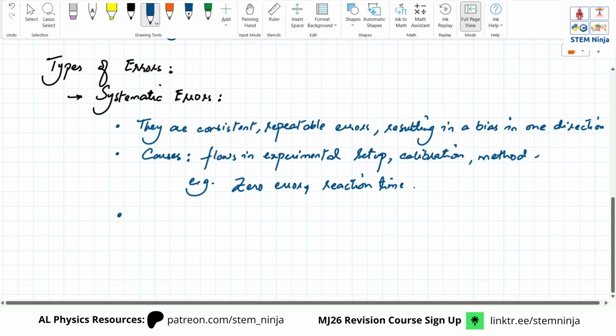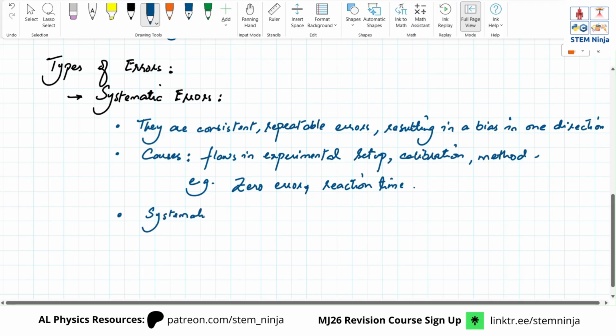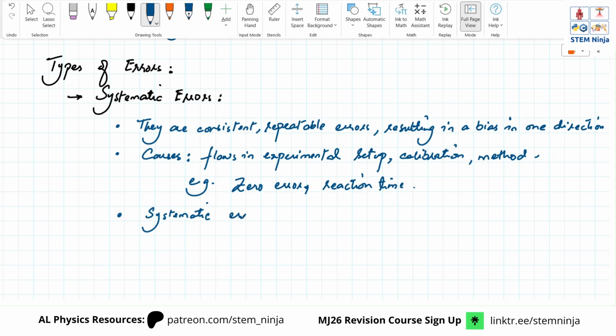Now, how are they reduced? Systematic errors can be eliminated once identified and corrected.